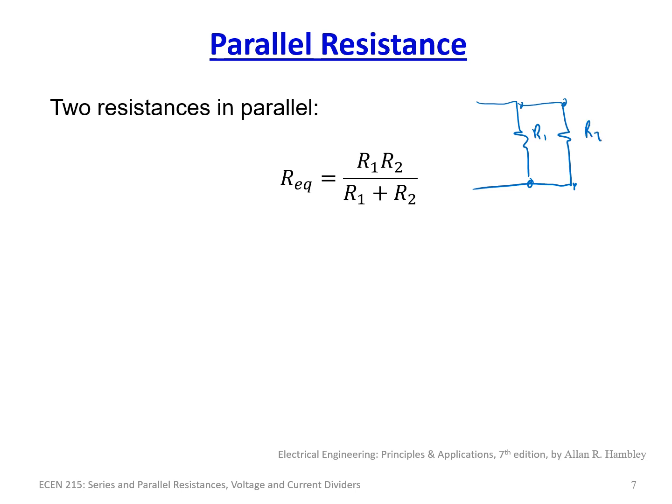So if we had 5 ohms and 10 ohms, we'd end up with 50 over 15, which works out to 3 1/3 ohms.